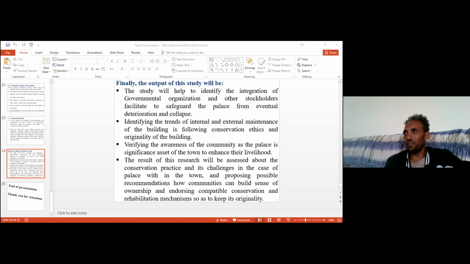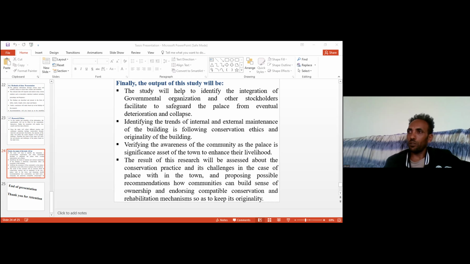But what are the trends? I am interested in comparing the practices of conserving in our region, specifically in Emperor Yohannes Palace, with international experiences.